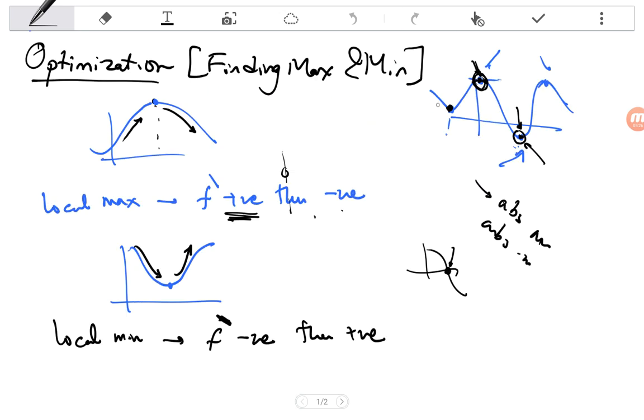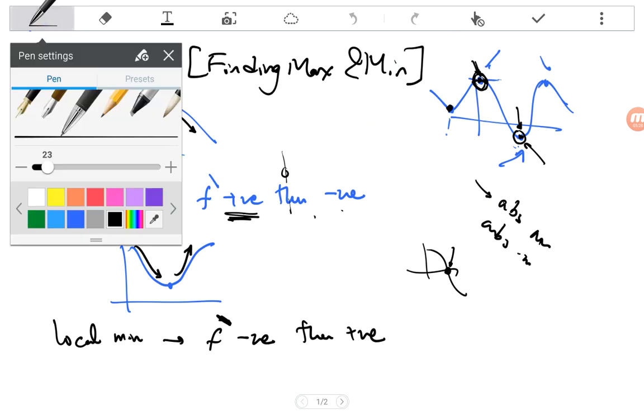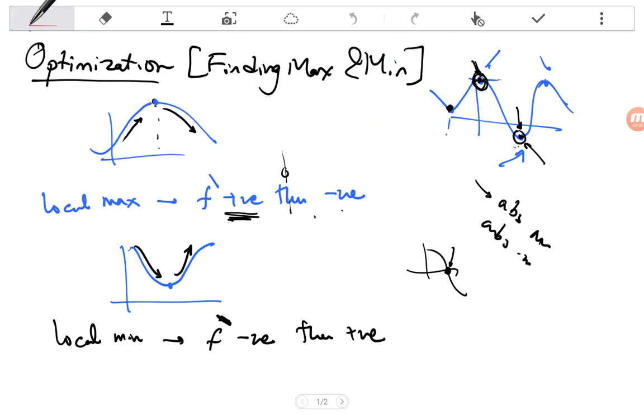And this is obvious from this graph. For example, at these points, the slope of the tangent is just horizontal. The slope of the tangent is equal to 0, which means that the derivative is equal to 0.